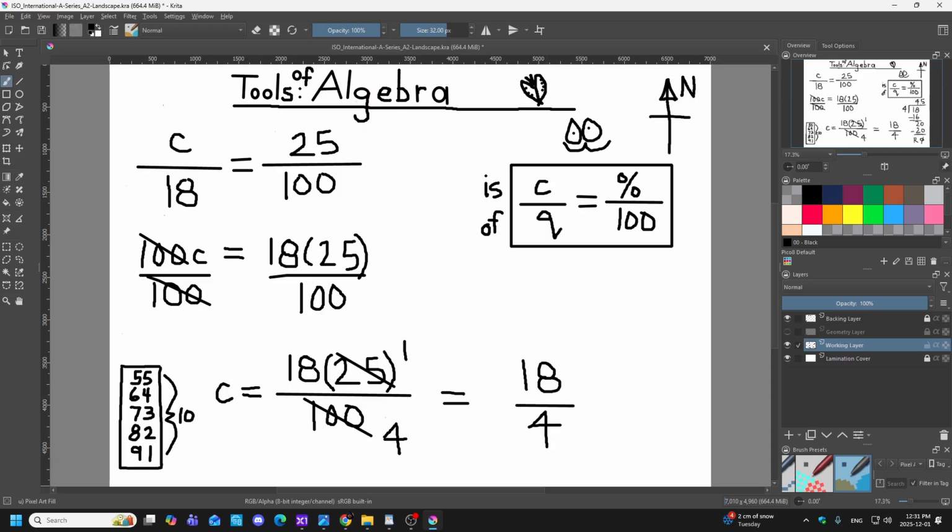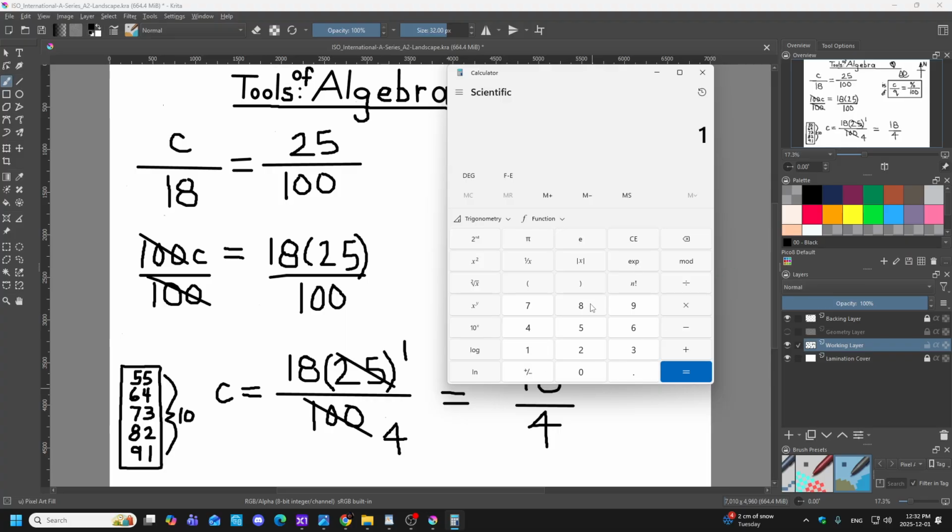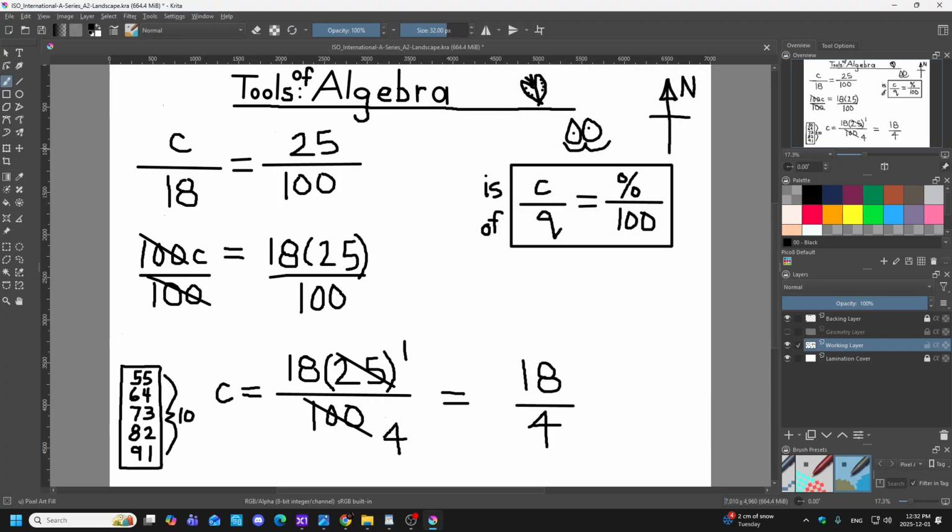Let's check it on the old calculator. 18 divided by 4, 4.5. All right. Or 4.5, in this case, we'll finish our answer with a decimal value.